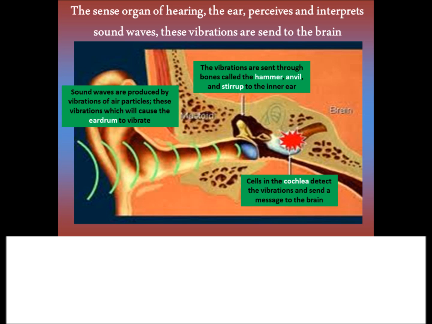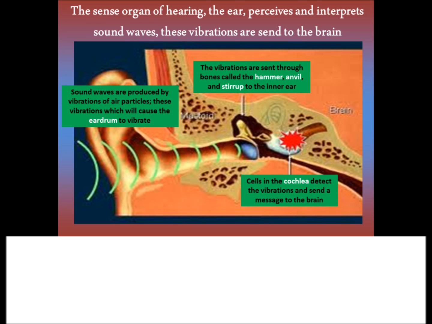So if sound waves are produced, and remember sound waves are produced simply by vibrations of air particles, these vibrations will then cause the eardrum to vibrate. Once these vibrations reach the middle ear, the three small bones known as the hammer, anvil, and stirrup will then also begin to vibrate.